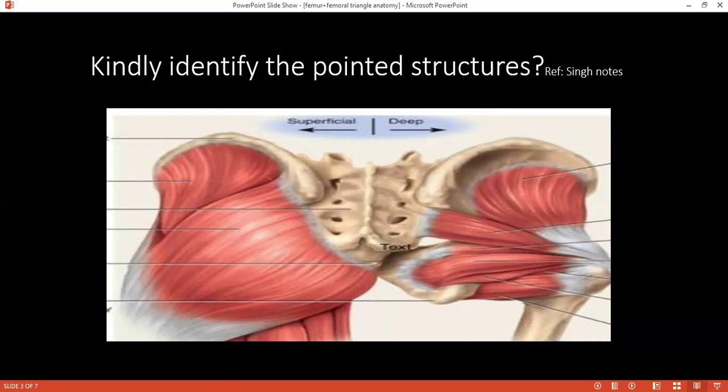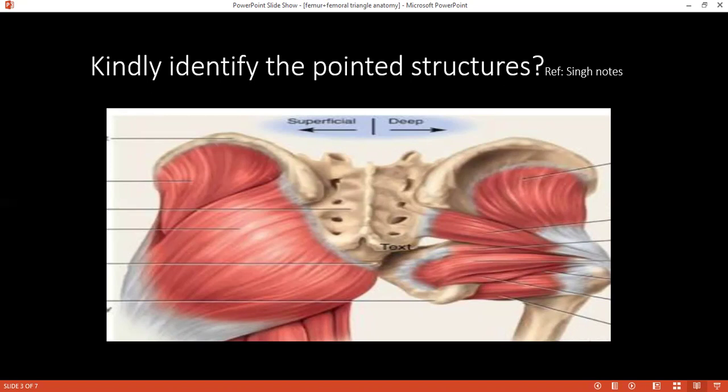The insertion of the gluteus maximus is over the iliotibial tract and the gluteal tuberosity of the femur bone. The nerve supply is from the inferior gluteal nerve, which is L5, S1, and S2.